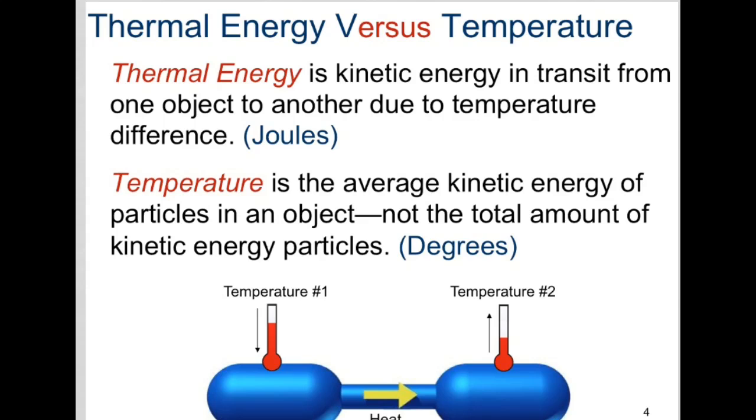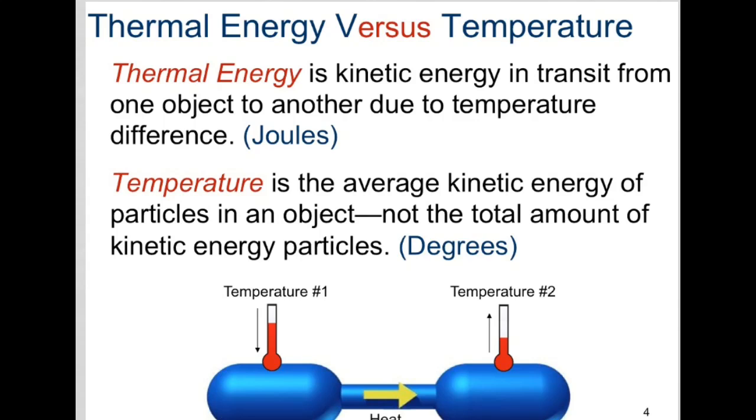Thermal energy is the internal energy of an object due to the particles. The particles inside the object are vibrating and hitting each other and making heat. It's the kinetic energy inside the object.